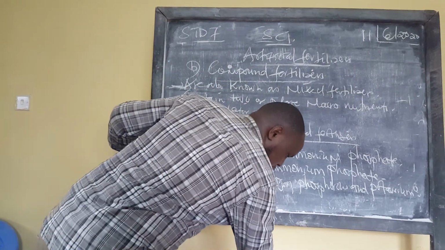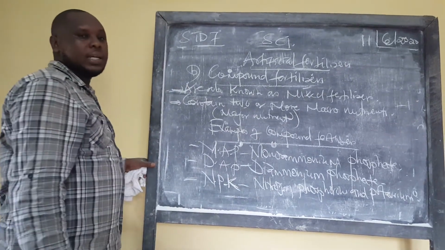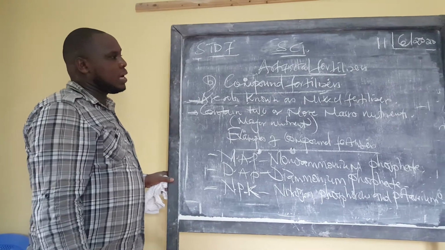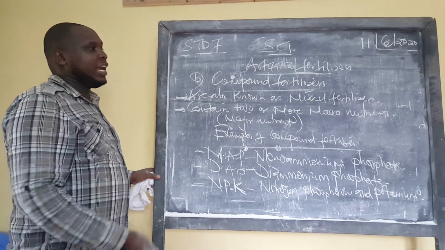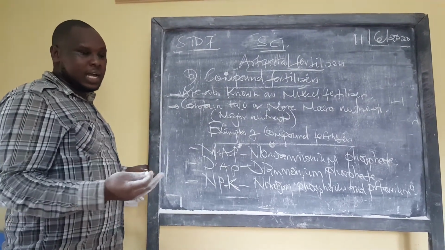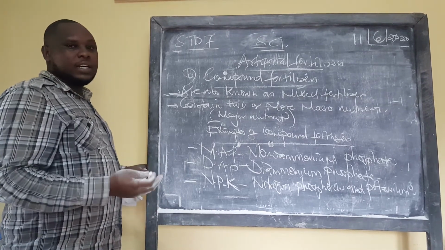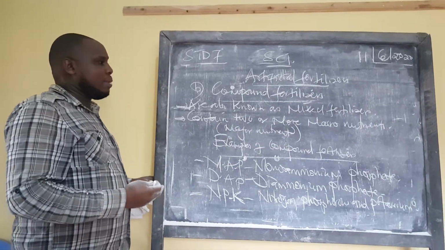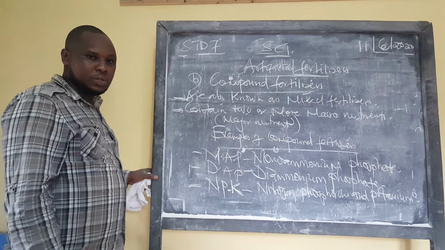In our next lesson, tomorrow, we shall be looking at the advantages and disadvantages of using fertilizers, both manures and the artificial fertilizers. One disadvantage of using manures, like green manure and farmyard manure, is that they take too long to release nutrients into the soil.